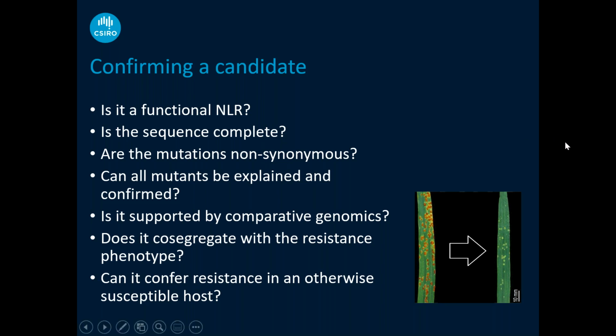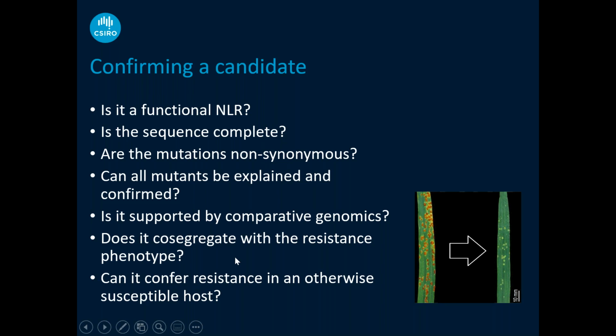Are the mutations non-synonymous? So you want to make sure that the mutations cause an amino acid change. Do you have additional mutants that can be explained and confirmed? Is it supported by comparative genomics? So if you're working with a really novel gene, then you might not have a relevant reference genome, so this wouldn't apply.